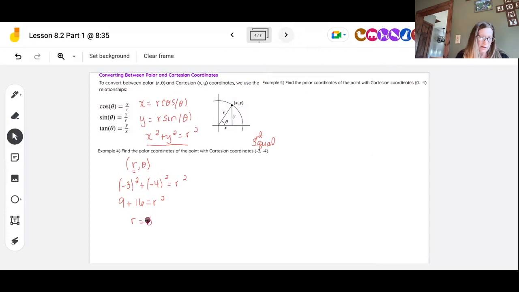So we have part of the battle in order to find the polar coordinates. Let's just put it here, 5 what? So I need theta now. It doesn't matter which value we specifically utilize, but I do know that cosine is our x value over our radius. So I could use this formula, or I could use y over r. Doesn't matter, I'll just use cosine. But if you're going to use the second one, you'd obviously have to use sine.